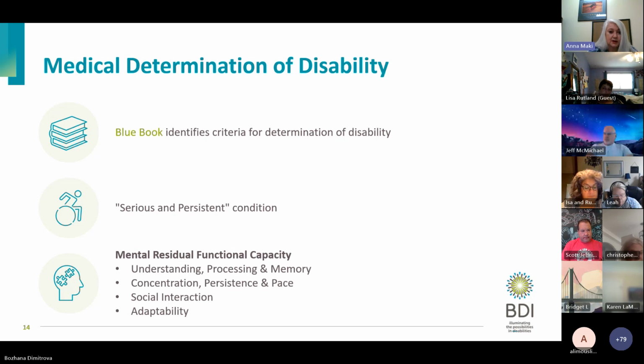Concentration, persistence, and pace. This is where we talk about co-occurring conditions like ADHD. If you have attention deficit disorder, that's a clinical diagnosis that shows that you have difficulty concentrating and staying on task. Other documentation or statements related to persistence, meaning how does this individual respond when they're doing some problem solving and they come across an obstacle? Are they going to persist and push through that obstacle, or are they going to lose some emotional regulation and either shut down or become upset?